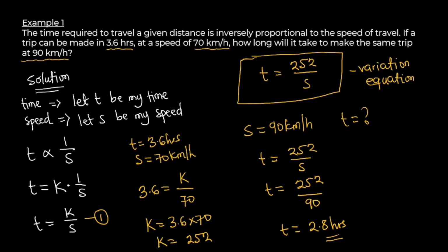Now let's have a look at something. For those of us who are physics students, there is an expression that is really important when we are doing dimensional analysis. But if you're not a physics student, don't worry, this expression is also going to be helpful to you, so long as you are doing variation.